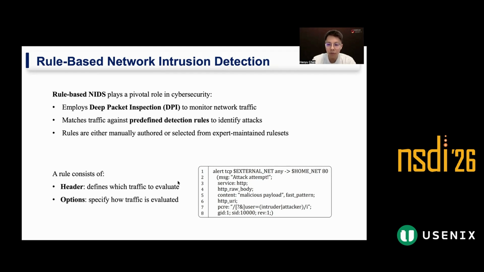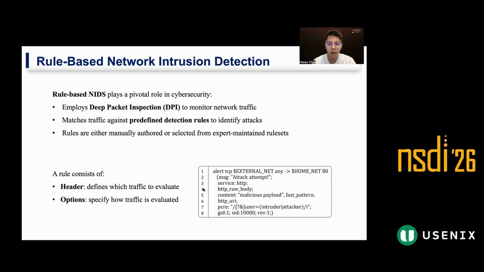These rules may be written manually by users or selected from expert-maintained rule sets that are updated over time to cover emergent threats. Now, a typical rule has two major parts.